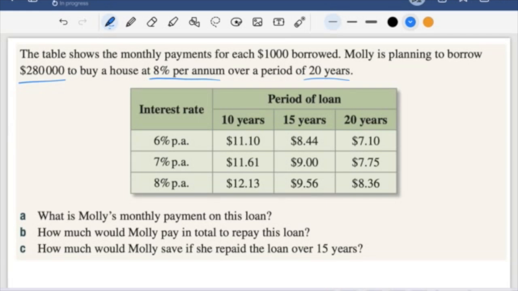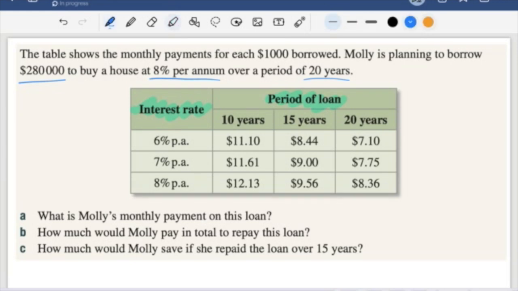So, what we're going to do, first of all, we want to use this same bit that we did in the first part. We have a period of the loan and we have an interest rate. It's a different table, but it means the same thing.